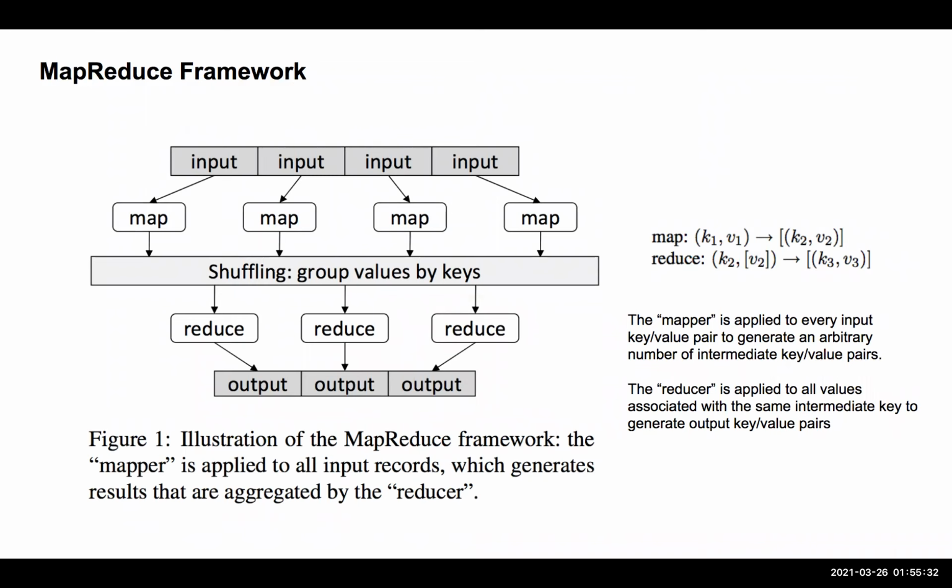The map is applied to every input key value pair to generate an arbitrary number of intermediate key value pairs, while the reducer is applied to all the values associated with the same intermediate key to generate output key value pairs.